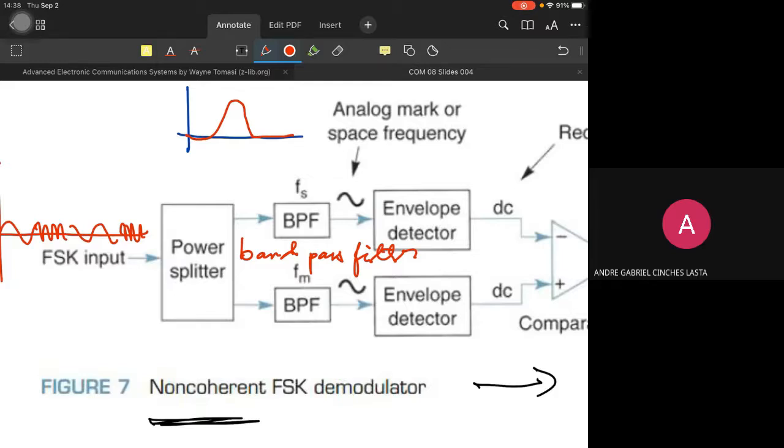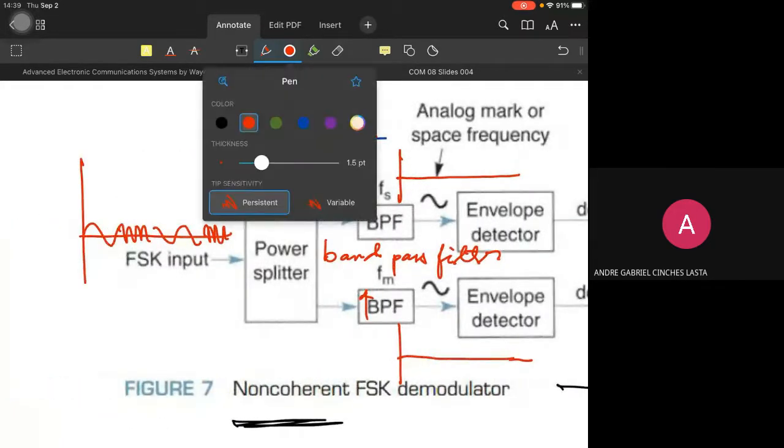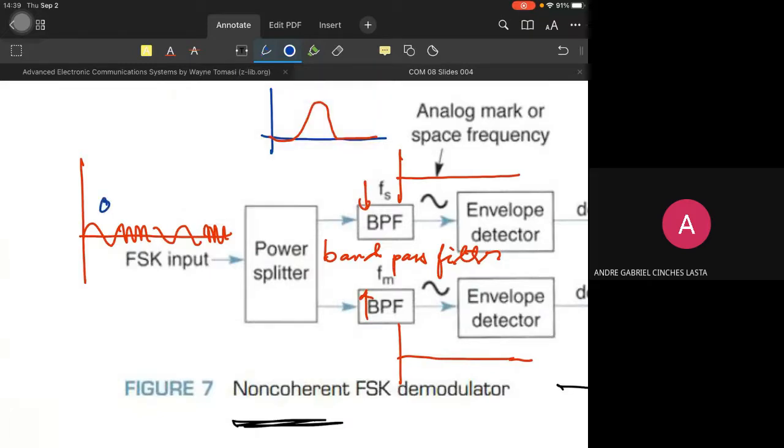So, band pass filter, ang upper nga band pass filter, iya lang ipapass through is ang space frequency. Whereas ang band pass filter sa silong or the other one is ang mark frequency. So, kibali, mas lower ni siya nga frequency, kani is mas higher. So, ang output ani, I think on-off naman siguro, pero let's say, for example, this one, 0101.